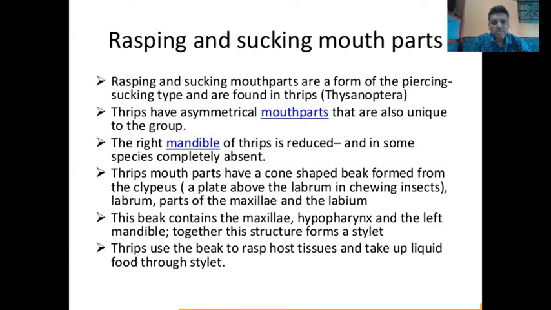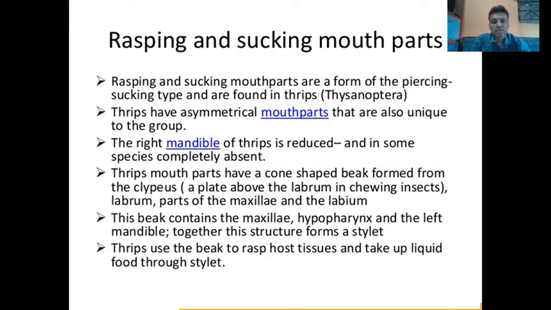The right mandible of thrips is reduced and in some species it is completely absent. Thrips mouth parts have a cone-shaped beak formed from the clypeus, a plate above the labrum in chewing insects, the labrum, and parts of the maxilla and labium.